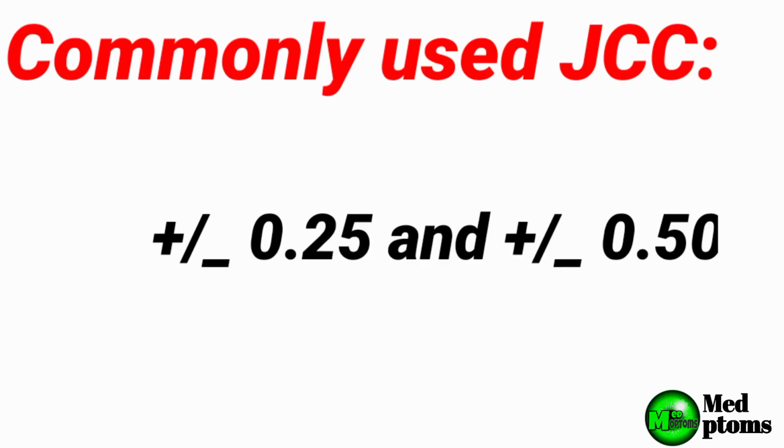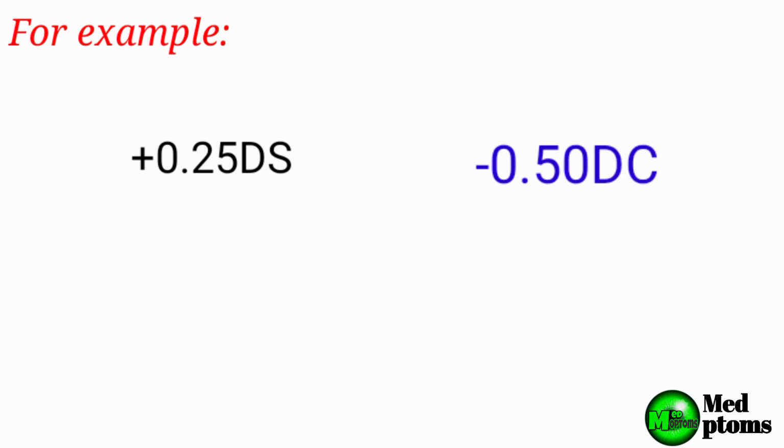The commonly used Jackson Cross Cylinders are plus or minus 0.25 diopter and plus or minus 0.50 diopter. Whichever we use, after taking the sphere, we should double it for the cylinder. For example, if we take plus 0.25 as the spherical power, then we take minus 0.50 as the cylindrical power.